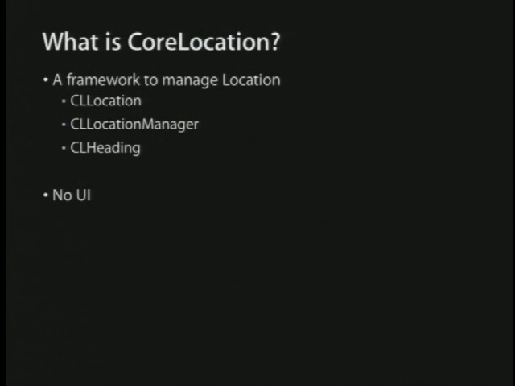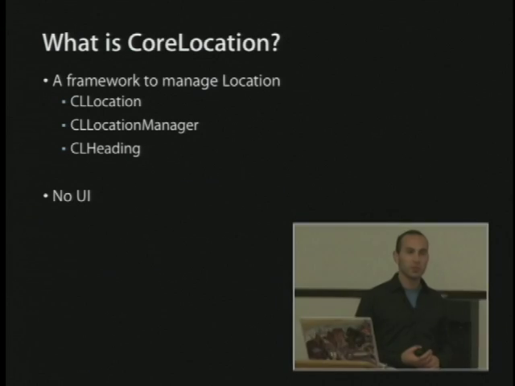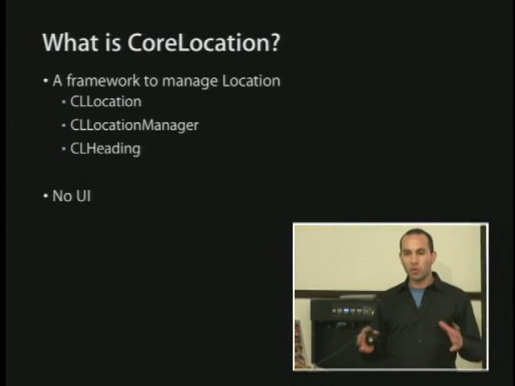All right, so I want to talk about Core Location. Core Location is a framework to manage location. There are two classes that are really interesting, and a couple of others that you won't use as often.